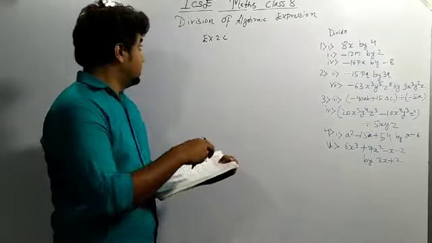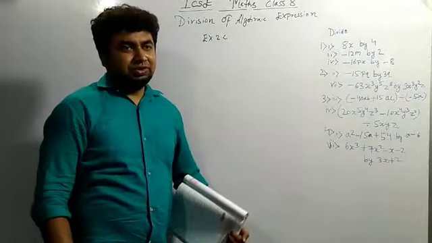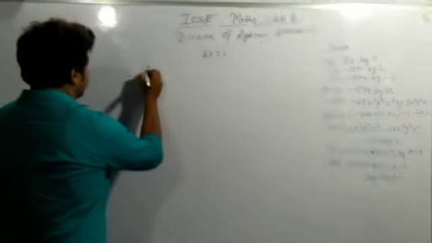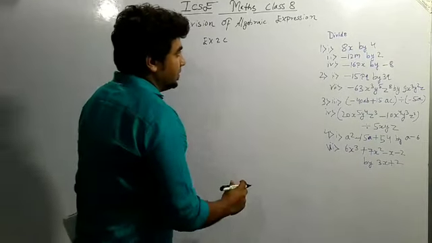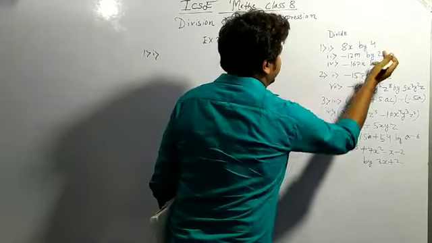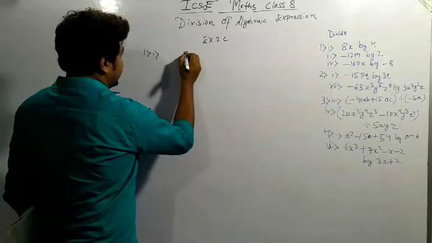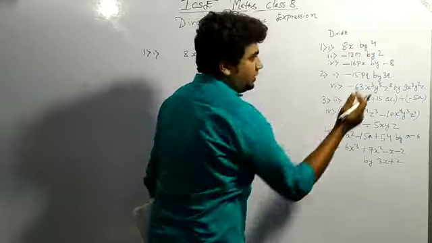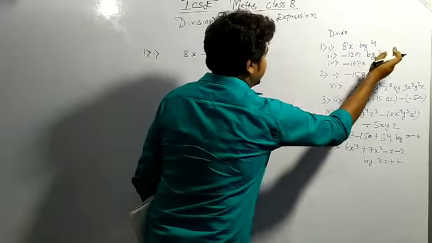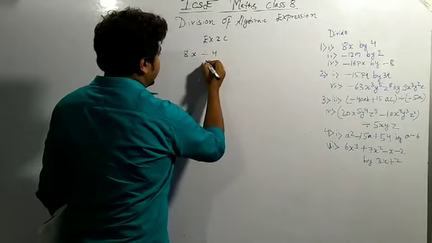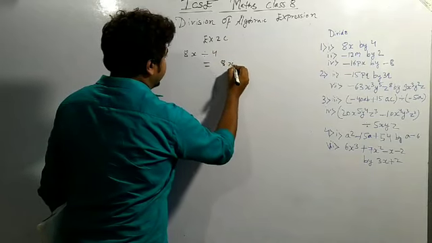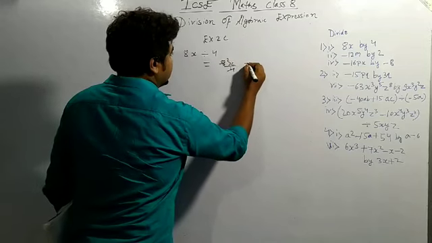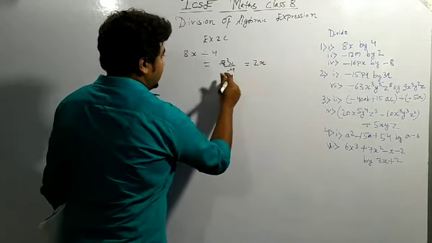Okay, now we will be doing exercise 2C. So first of all we will see question number 1 bit 1. In this question what is given: divide 8x by 4. Here by means division sign. In the previous case we used to keep the multiplication sign because multiply was given. Here divide is given, divide by 4. So 8x divided by 4, 4 2s are 8, so 2x.